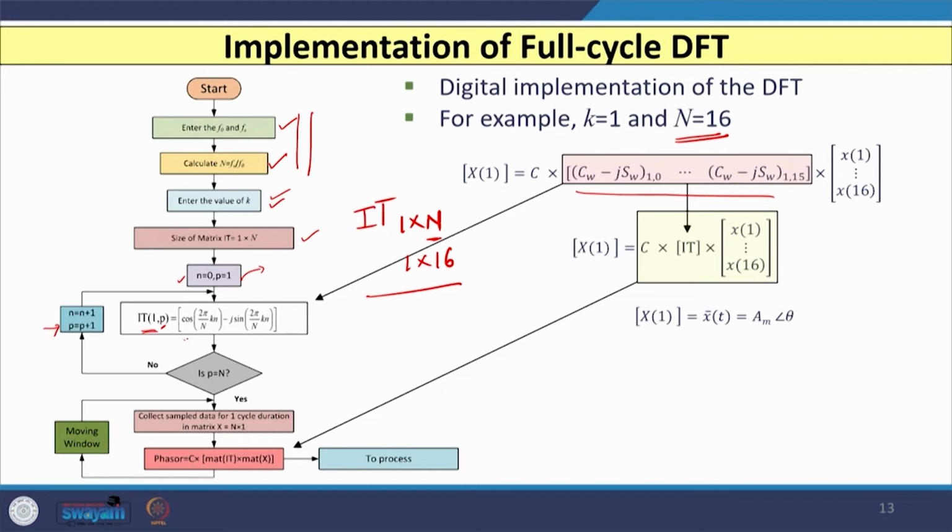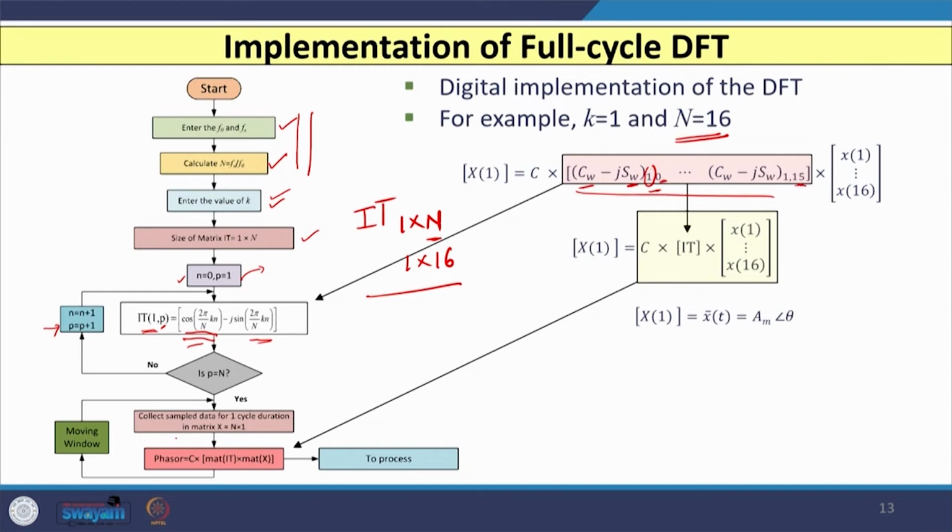Here you can see the value of CW you can obtain by cos of 2 pi by N into kn, and the value of SW you can obtain by sin of 2 pi by N into kn. So, similarly for the first row, if you have 16 samples in a cycle, then you have to start with k equal to 1 and n starting from 0 and go up to 15.